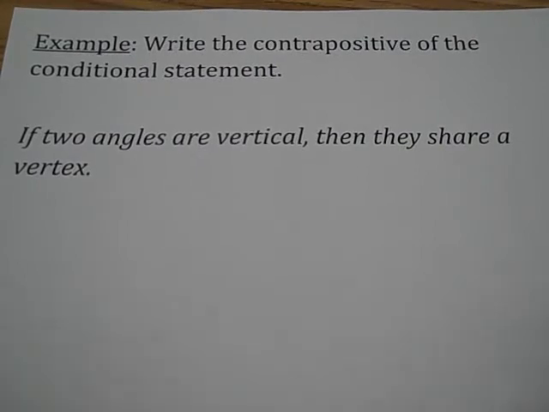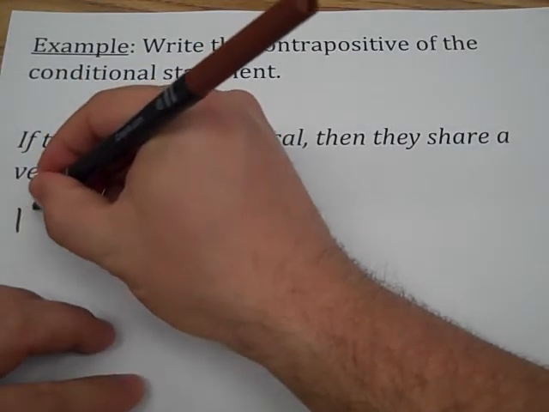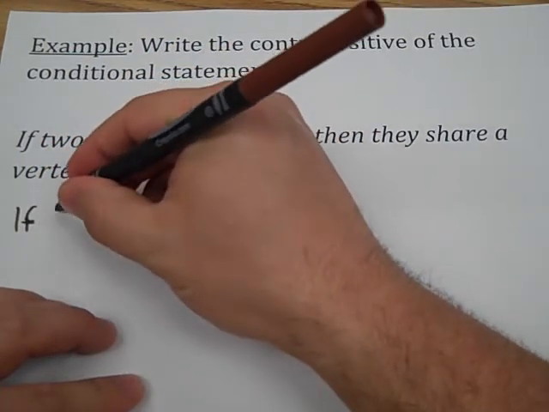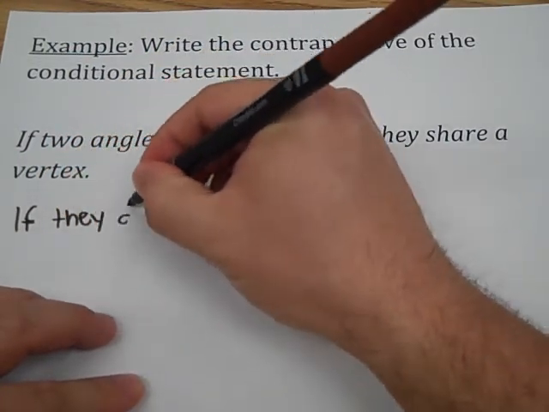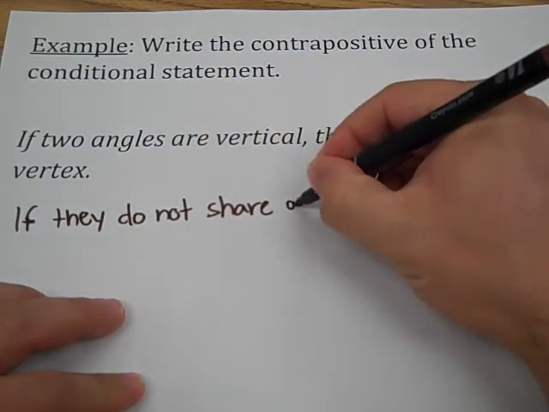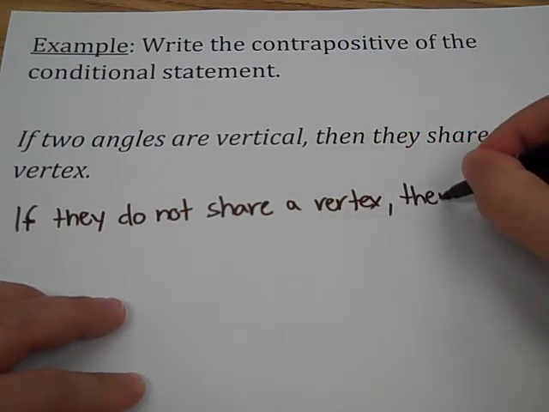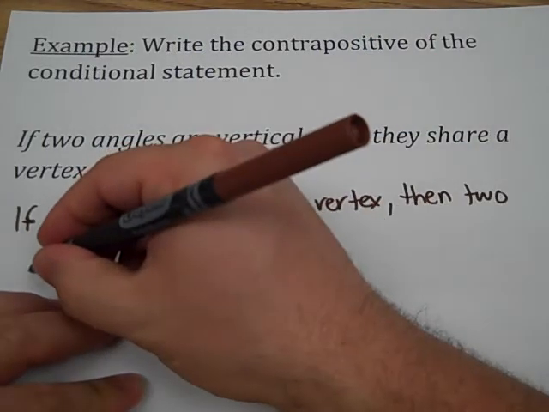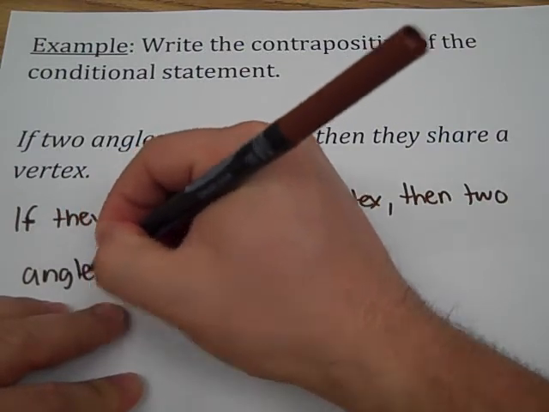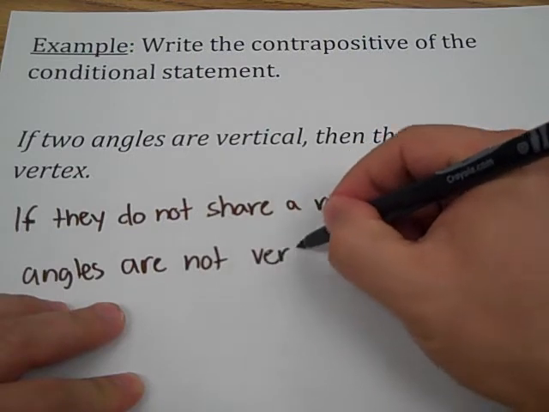So back to our same example, if 2 angles are vertical, then they share a vertex. I'm going to switch P and Q, and then I'm going to negate them. So if they do not share a vertex, then two angles are not vertical.